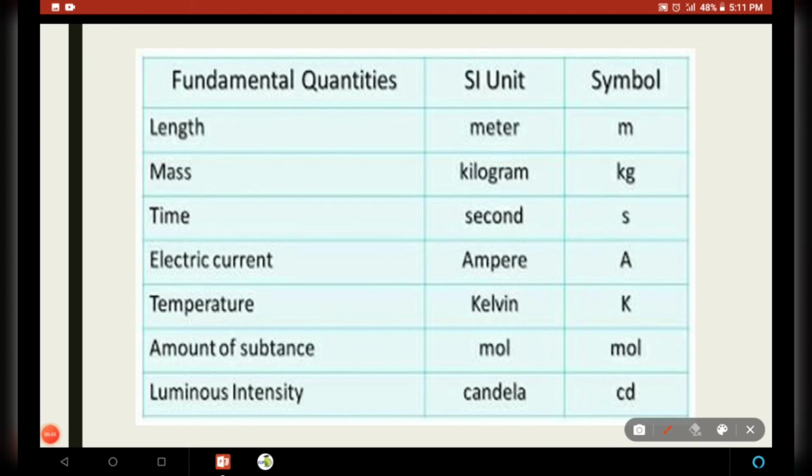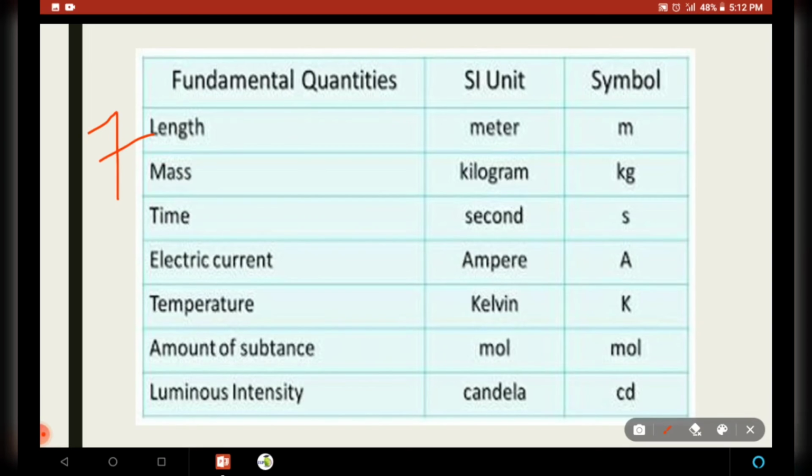Here, this chart is very important. There are 7 fundamental quantities. Which are those? Length, mass, time, electric current, temperature, amount of substance, and luminous intensity.